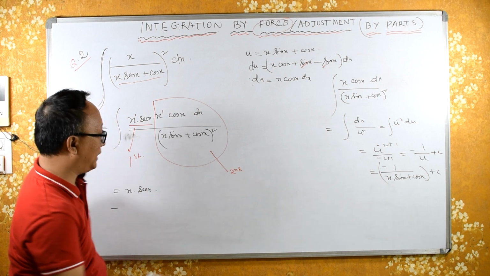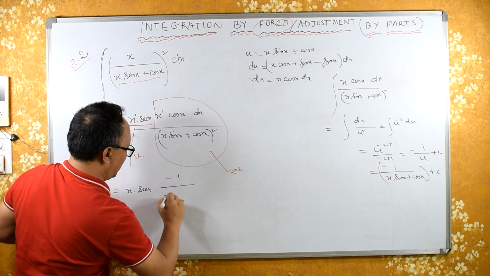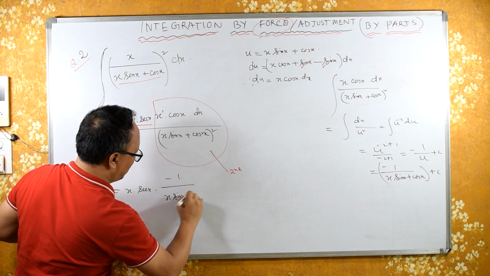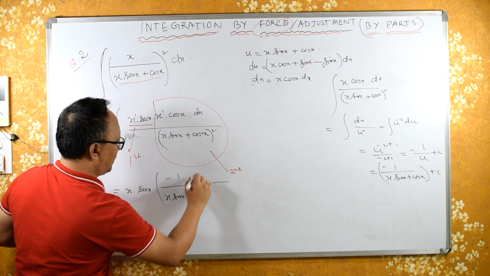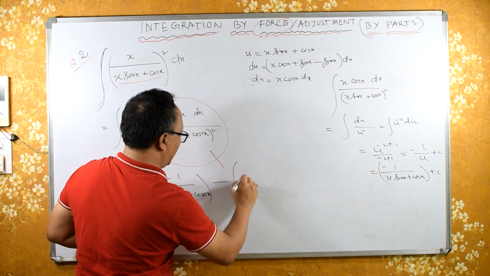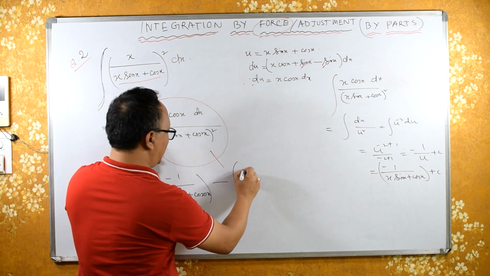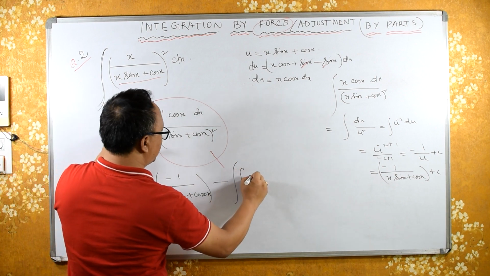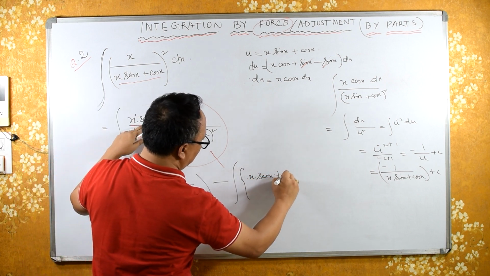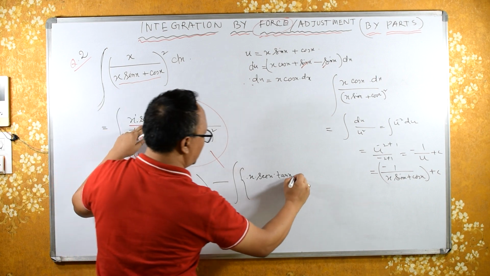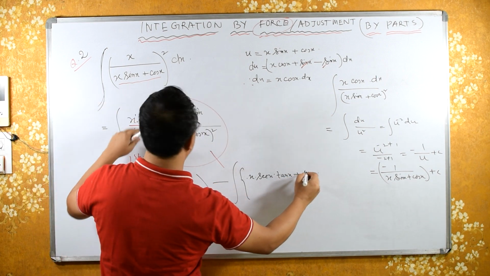Integration of this is what we are getting, minus 1 upon x sin x plus cos of x, minus the integral of d/dx of the first term, okay? d/dx of the first term is x, differentiation of sec x is sec x into tan x, sec x into tan x plus, keeping x sec x as it is, and d/dx of x is 1, okay?